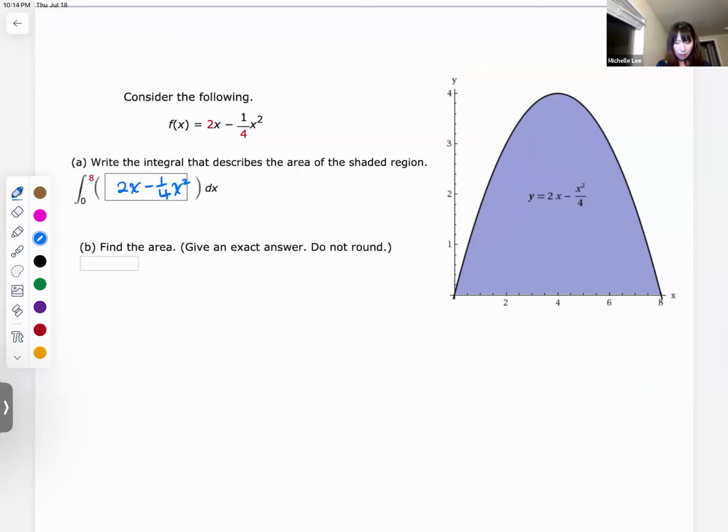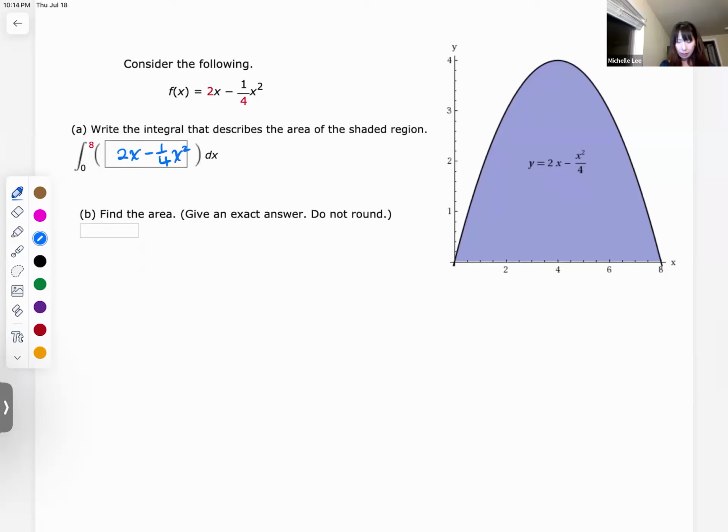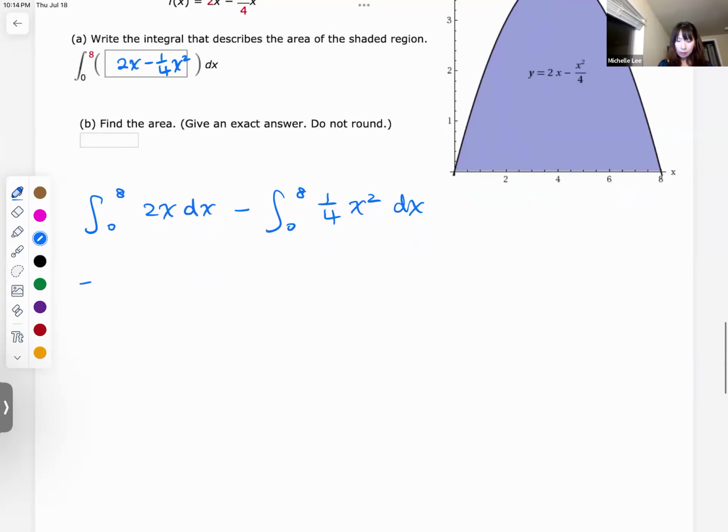Now, find the area. So how do we find the area? Two terms, we do them one by one. So the integral from 0 to 8 of 2x dx, minus the integral from 0 to 8 of 104 x squared dx. Okay.